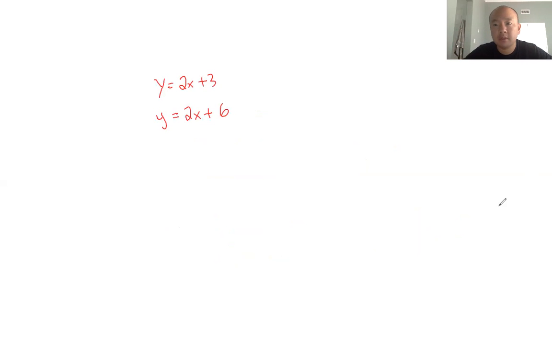For the first equation, what is the slope? The slope is 2, and the y-intercept is 3. And for the second equation, the slope is 2, and the y-intercept is 6. Whenever you have the same slope and different y-intercepts, they are parallel.